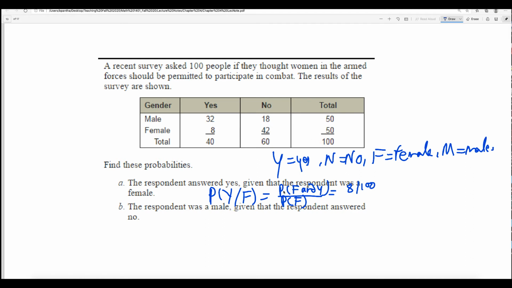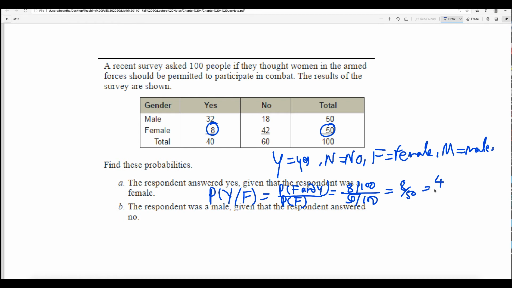Now probability of female: how many are female? That's 50 over 100. If you divide, you get 8 over 50.